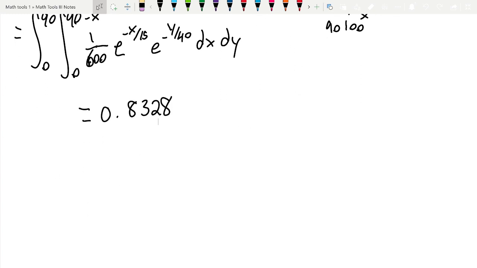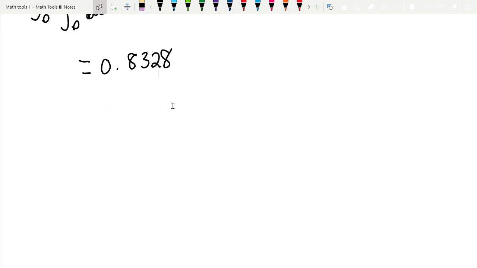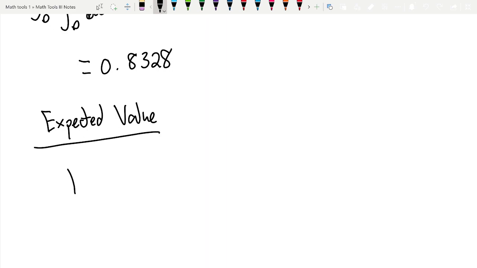Another thing that we're often using integrals for is what's called the expected value. Here we have two variables, so we could do the expected value of x, which is pretty much what it sounds like. What do you expect the x value to be given the function?